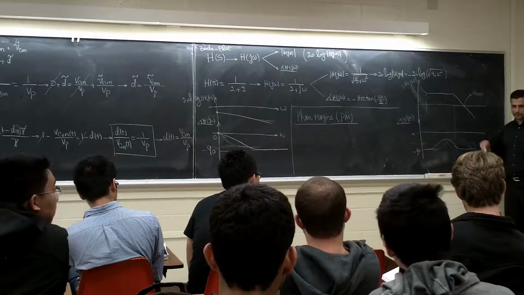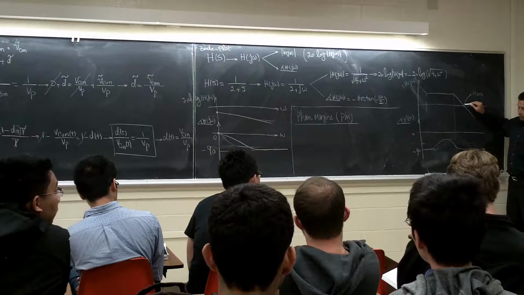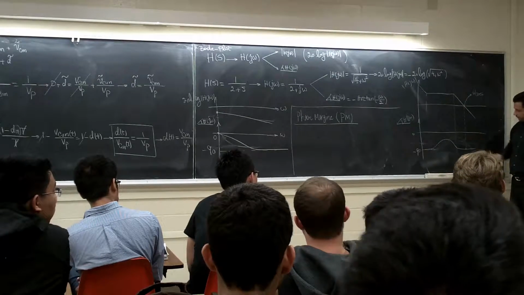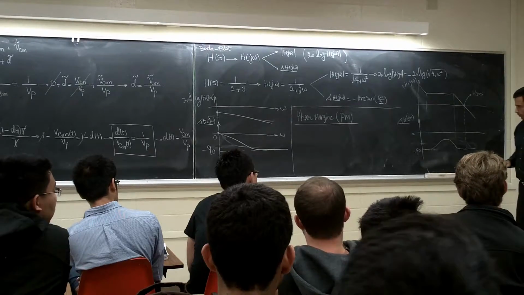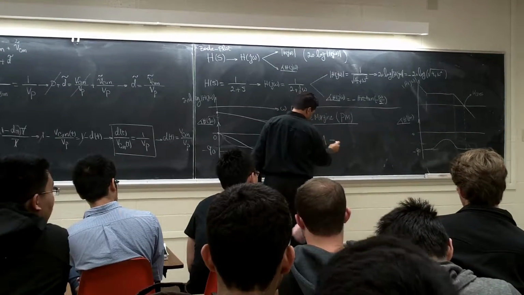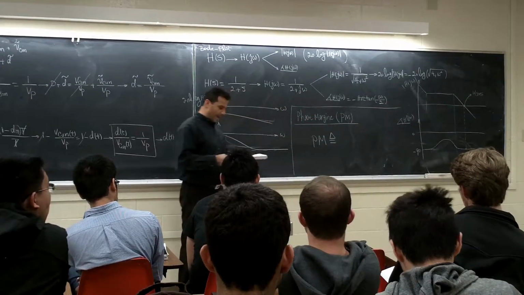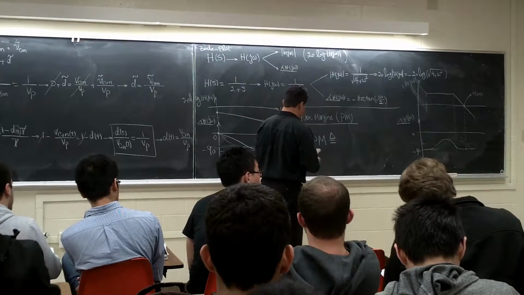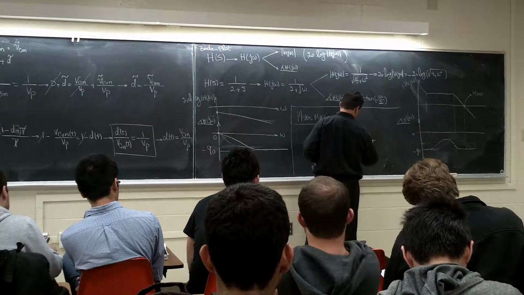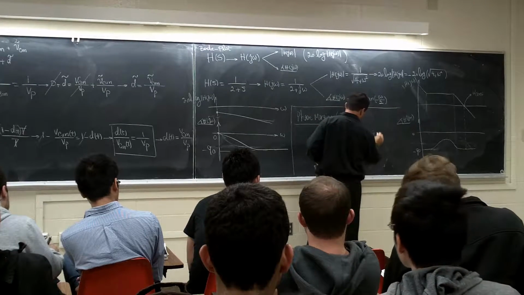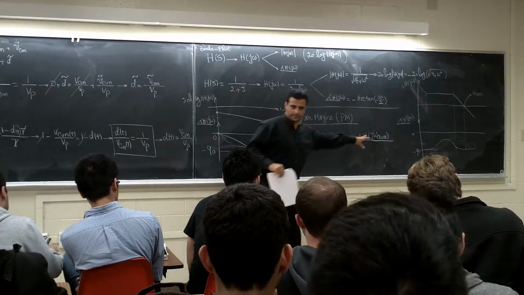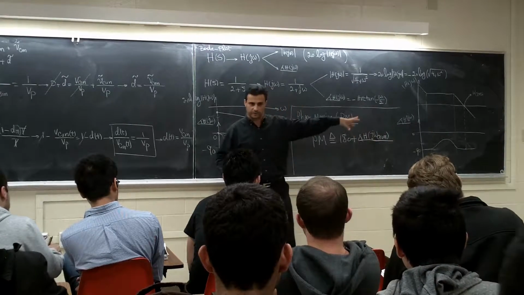So basically, to find the phase margin, we'll find out where this one is 0. At this point, we'll find the phase of H of omega. So phase margin is defined as 180 plus the phase, and this one is negative, because you can plot this one to be negative or positive, but this one is negative.